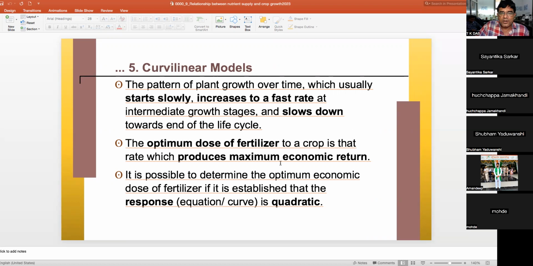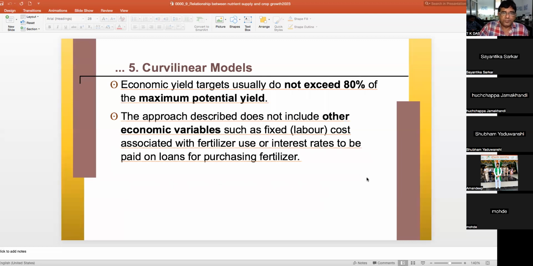It is possible to determine the optimum economic dose of fertilizer if the relationship is established as quadratic. In that case, you can find the optimum dose. If it is linear, then you cannot find the optimum dose.